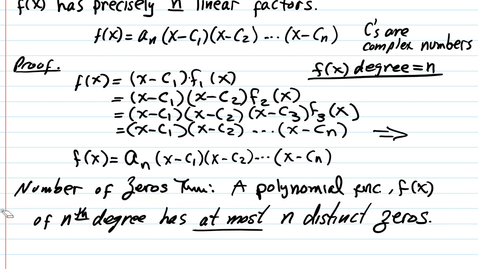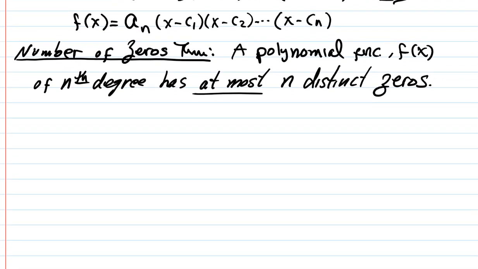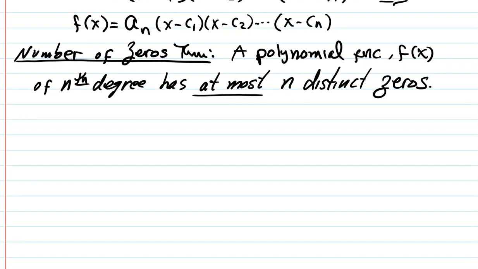And that's perfect because now we have an upper bound on the number of zeros of a polynomial function. A fifth degree polynomial can have no more than 5 solutions. So that means an nth degree polynomial has a finite number of solutions limited by its degree. That's great information for us.